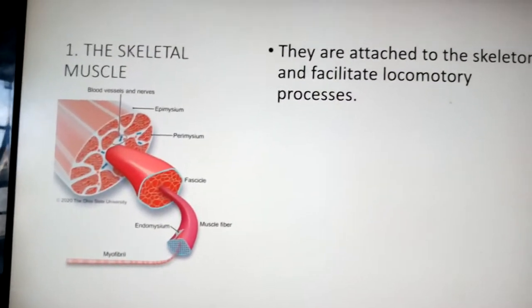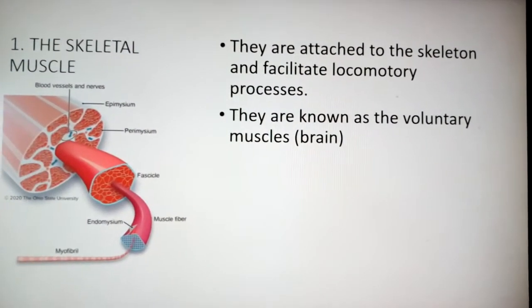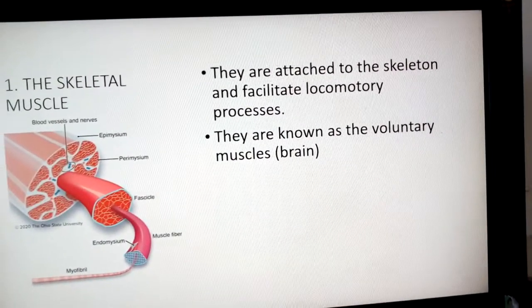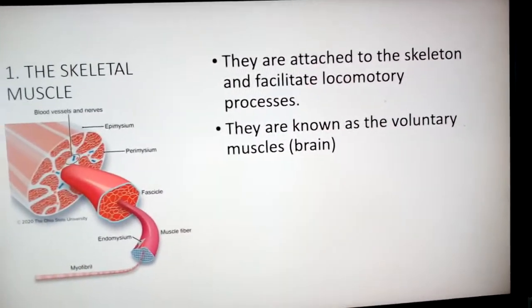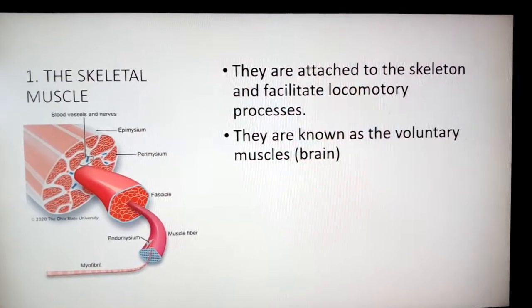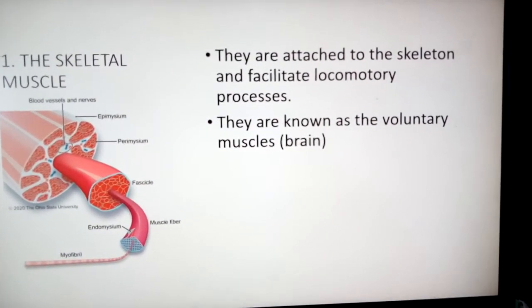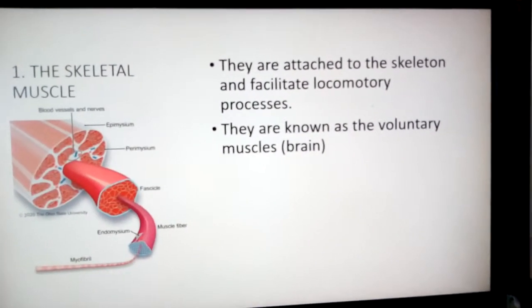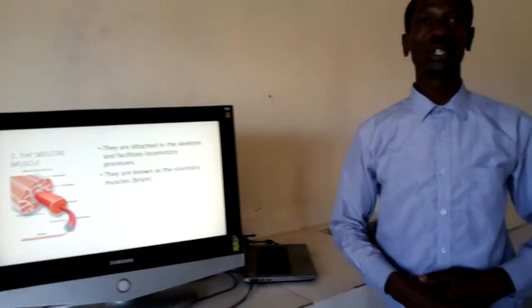The function of this muscle is to facilitate the locomotory processes through contraction and relaxation. Remember, since they are attached to the bones, they contract and relax to facilitate this process. They are also known as voluntary muscles because they work together with the brain, so that when someone wants to do anything, you must think about what you want to do, then you go ahead and do it.